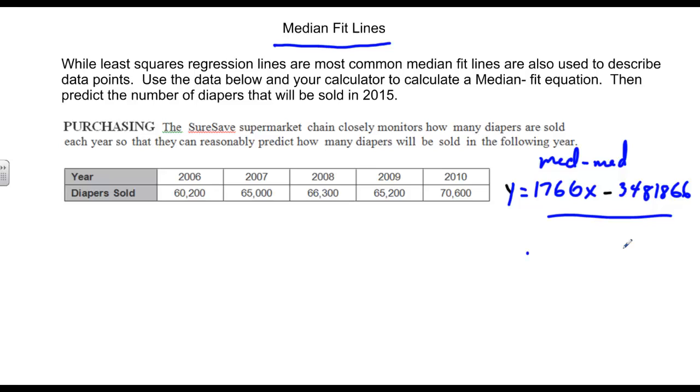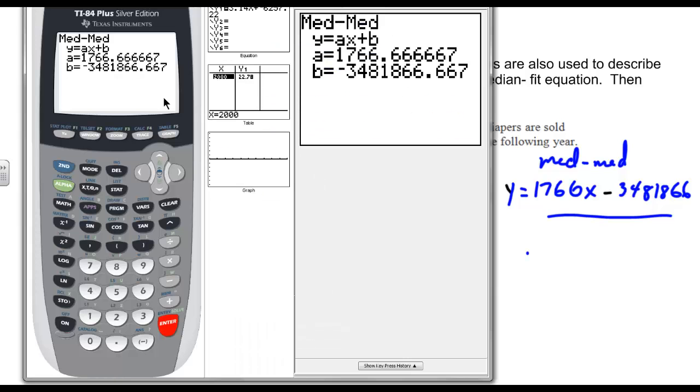We're going to do an extrapolation of this in a minute at 2015, but in order to do that, we have to go ahead and graph this on the calculator.